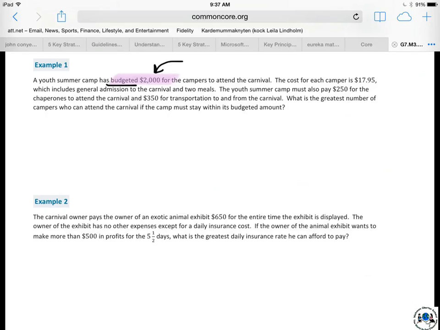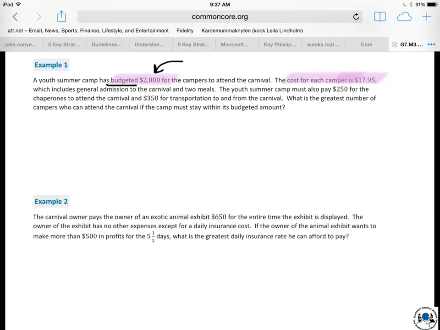Well, sometimes people go over budget. For example, to make a movie, many film producers go over budget. But in this case, we're going to say that since this camp has budgeted $2,000, they cannot go over. Okay? So let's move on. The cost for each camper is $17.95.